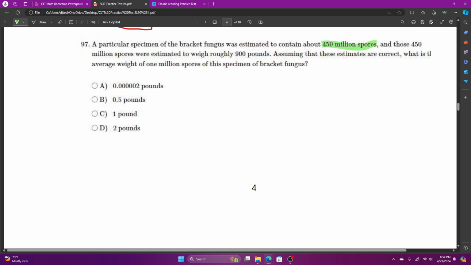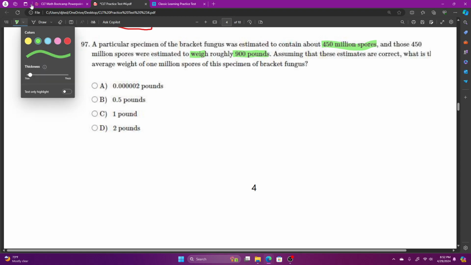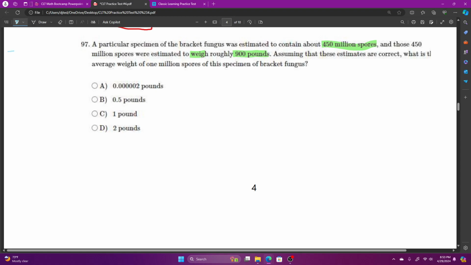So we've got 450 million spores weigh 900 pounds. And we want to know what is the weight of 1 million spores. So we've got weight and spores.